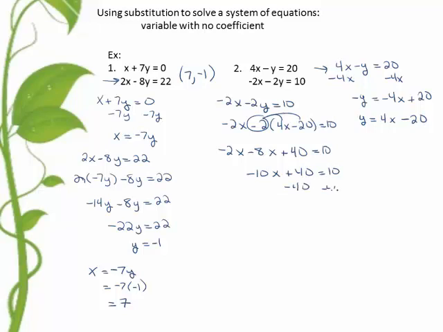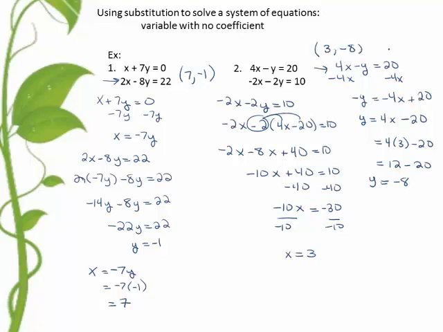Subtract 40 from both sides, and I get that negative 10x is equal to negative 30. Divide by negative 10, and I get that x is equal to 3. Now that I have x, I can go back and plug that in up here. So I get 4 times 3 minus 20, so that's 12 minus 20. So that means that y is equal to negative 8. And my solution to this system is (3, -8).